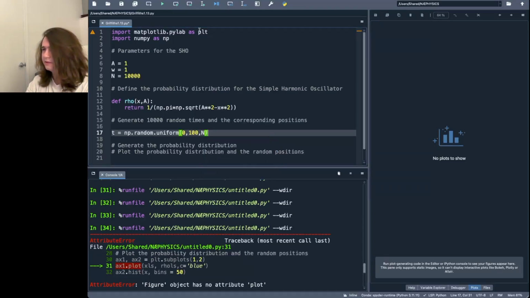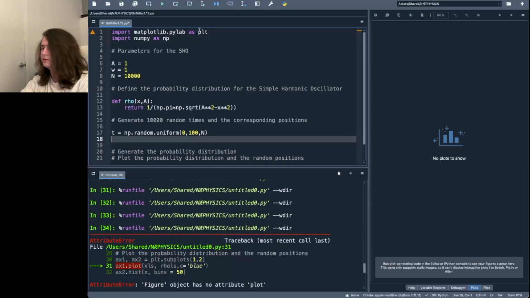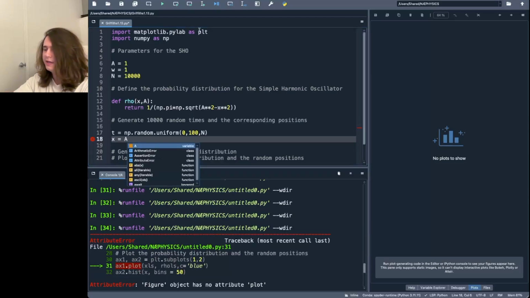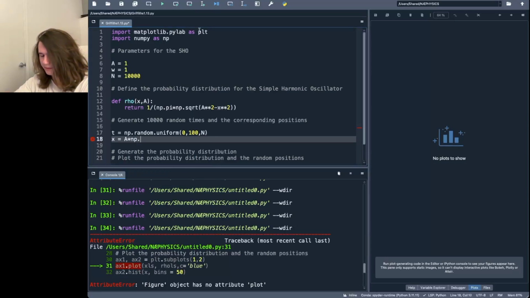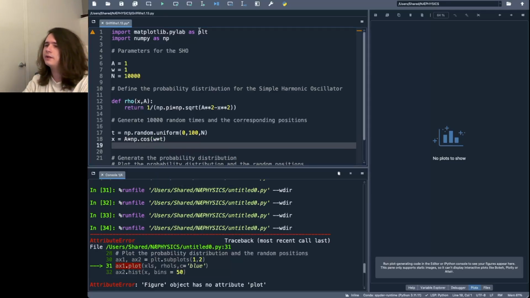And then the position for each of those is the function that Griffiths gave us, a times the cosine of omega t, so a times cos of w times t.